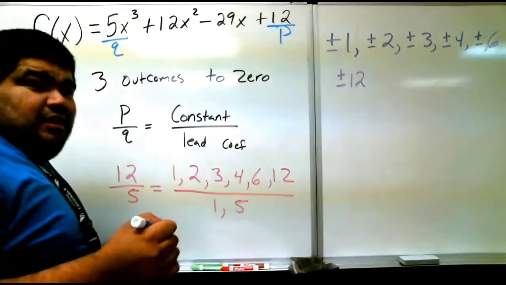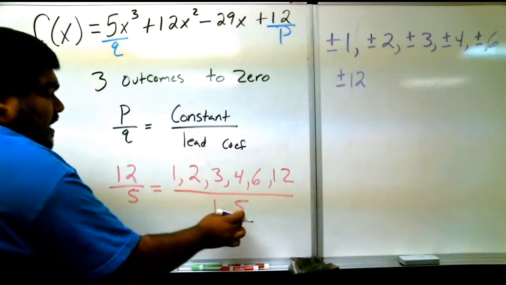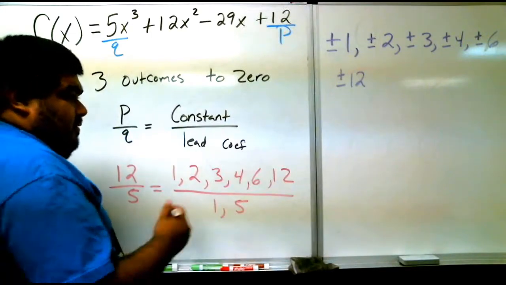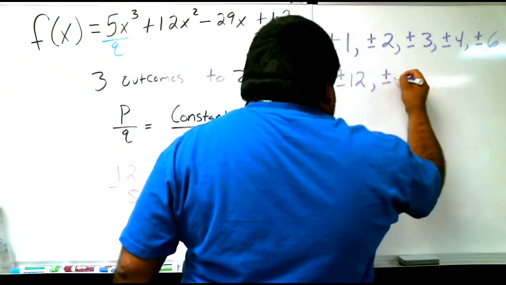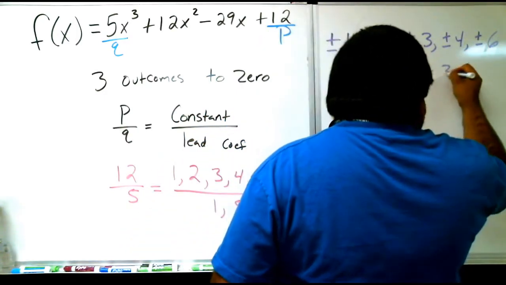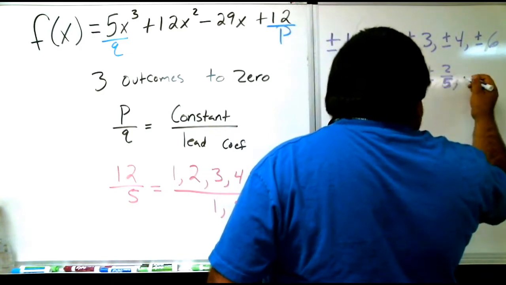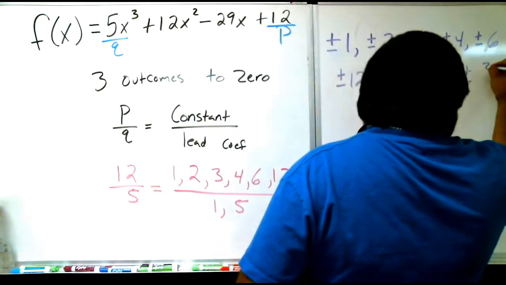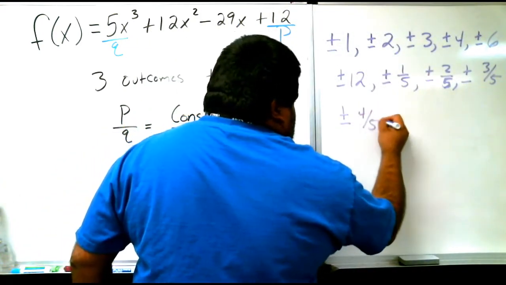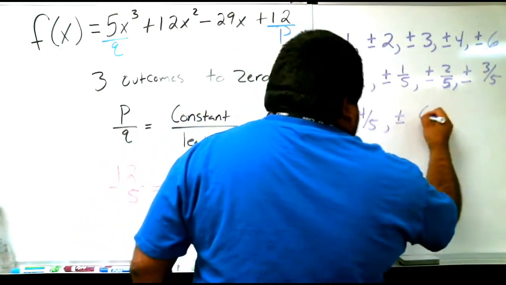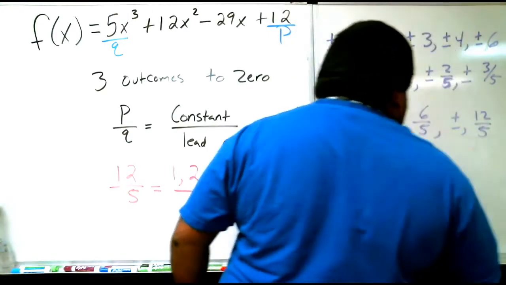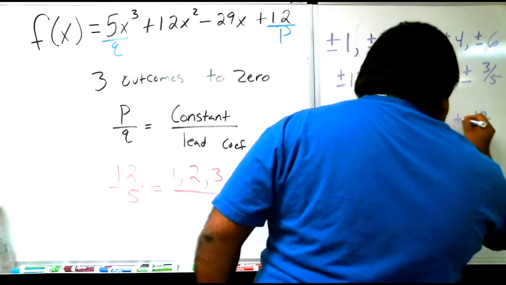But we also have, if you guys remember, the 5. So we have fractions now as well: 1/5, 2/5, 3/5, 4/5, 6/5, 12/5. So we have plus and minus 1/5, plus and minus 2/5, plus and minus 3/5, plus and minus 4/5, plus and minus 6/5, and finally plus and minus 12/5.